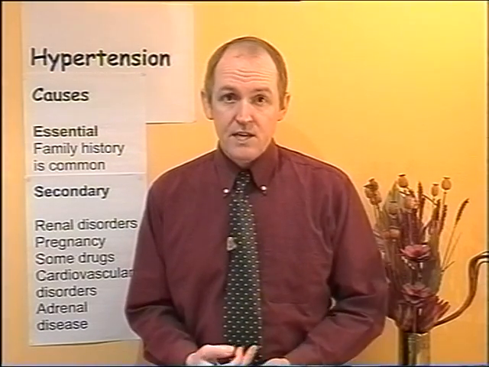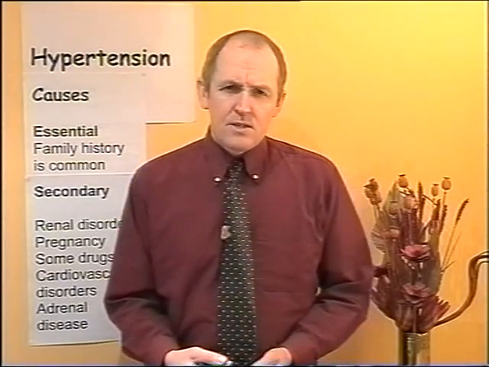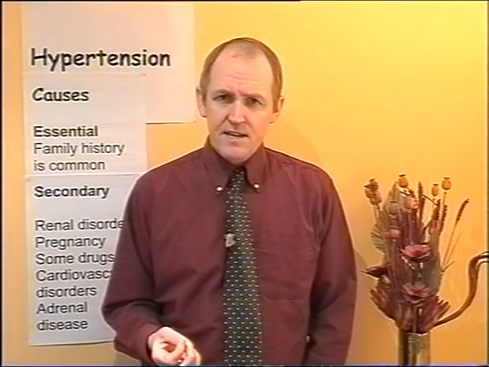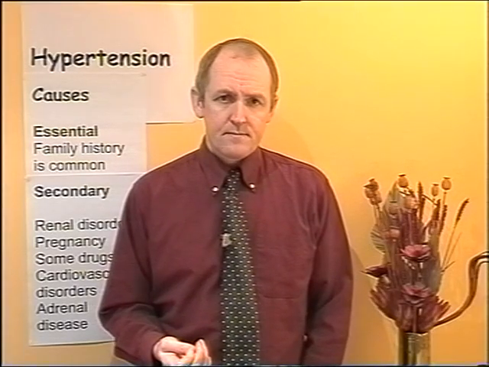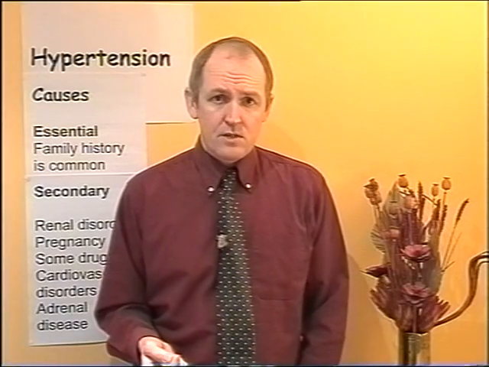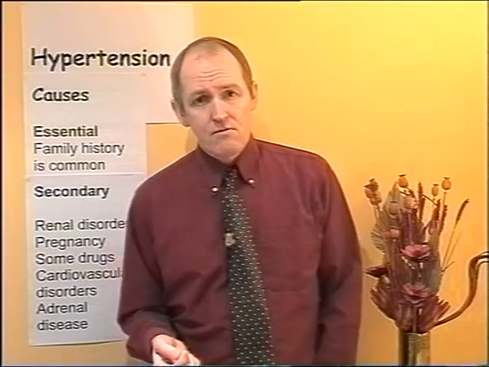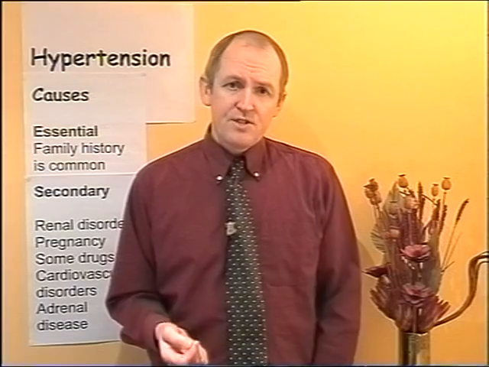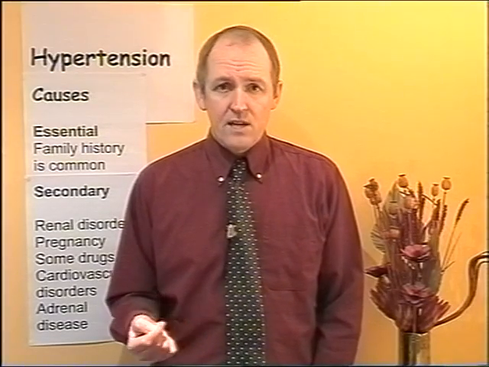Another possible cause of secondary hypertension is pregnancy. Some drugs can precipitate hypertension. Drugs which contain estrogen, for example, can cause hypertension. There are some cardiovascular disorders which can cause hypertension, such as aortic stenosis, narrowing of the aorta. Hypertension can also occur secondary to disease of the adrenal glands.